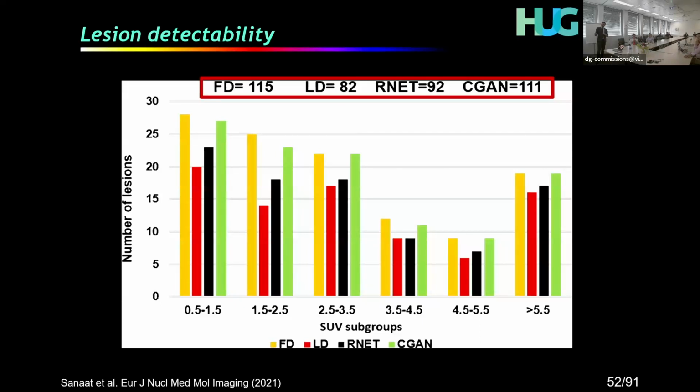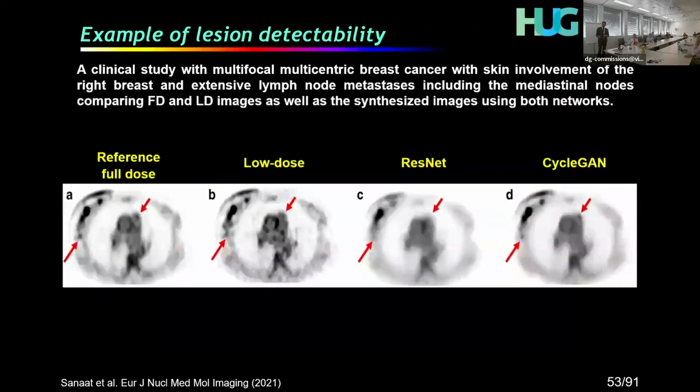And when we are using our deep learning model, it can increase the number of lesions to around 111. And of course, this graph shows us that for the lesions with the smaller SUV, there is more chance to miss them, even in the low dose and even by CycleGAN. Sorry, the deep learning model.